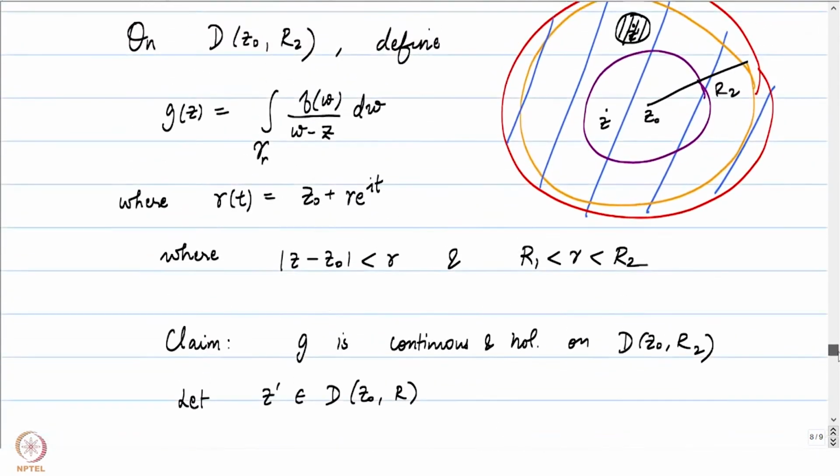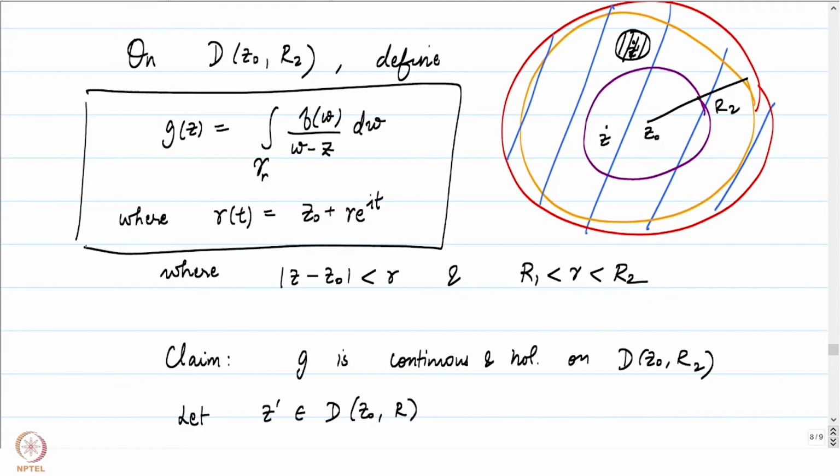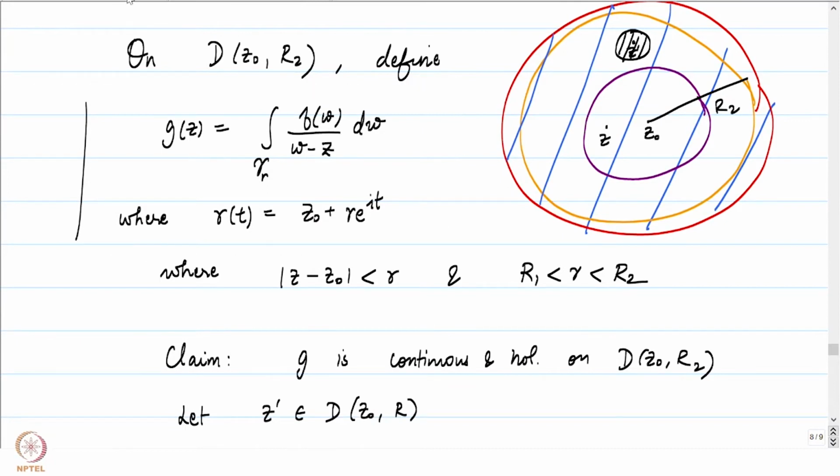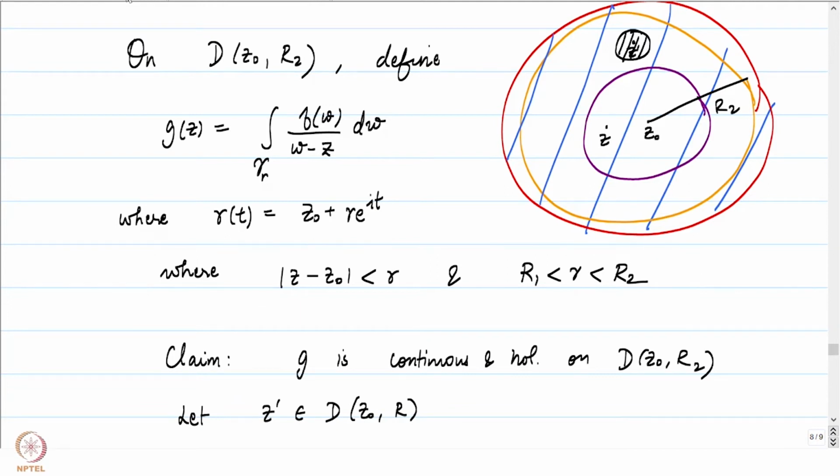So before we go ahead, one thing to note here again is that this definition is well defined. I did not spend any time to justify that. I did not put any extra restriction on R. The function which is circled now, f of w by w minus z, is a function which is holomorphic on the annulus, which has the lower radius greater than absolute value of z minus z naught and upper radius r2.